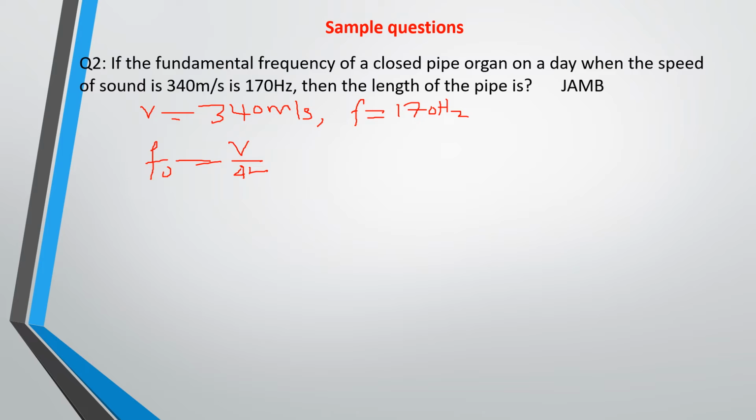If you substitute into this equation and then make L your subject of formula, you will have that 170 is equal to 340 divided by 4 times L. So by the time you make L your subject of formula, you will have that L is equal to 340 divided by 170 times 4.